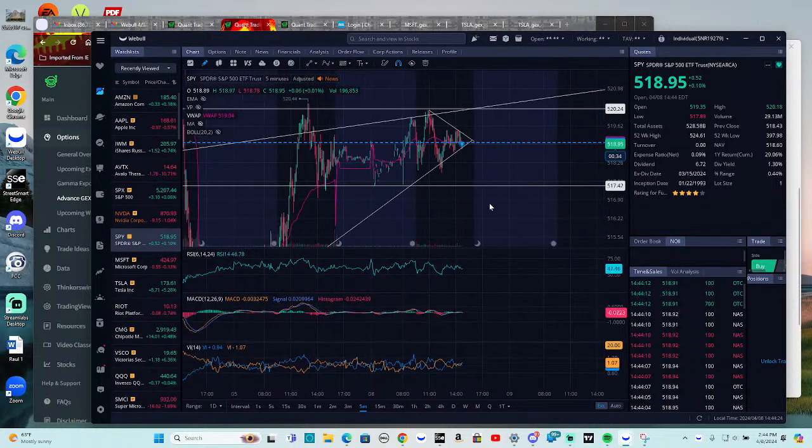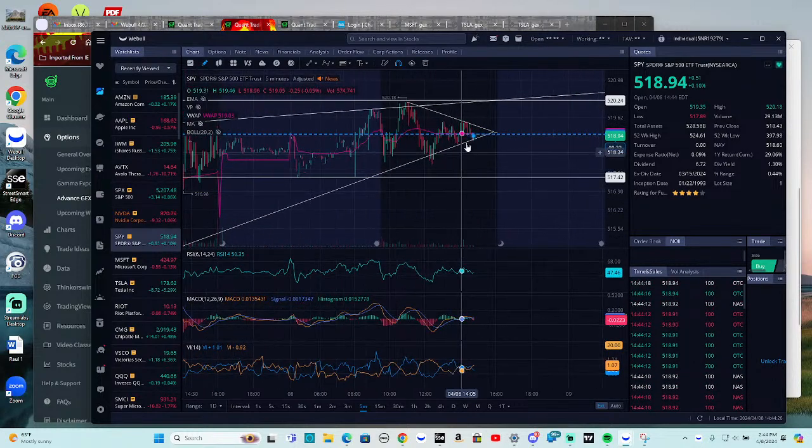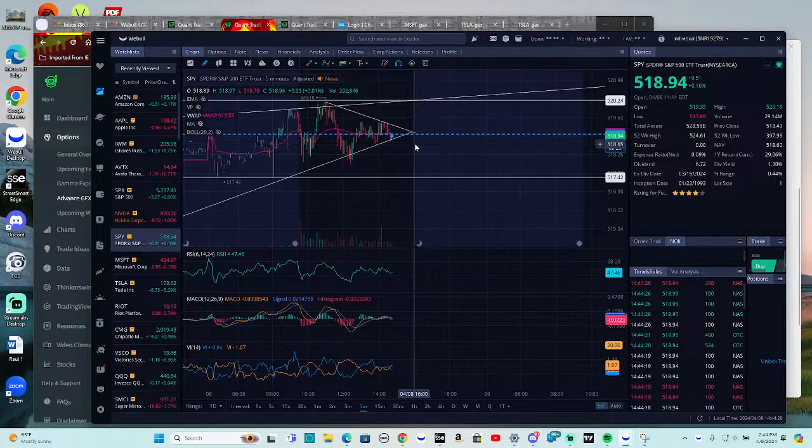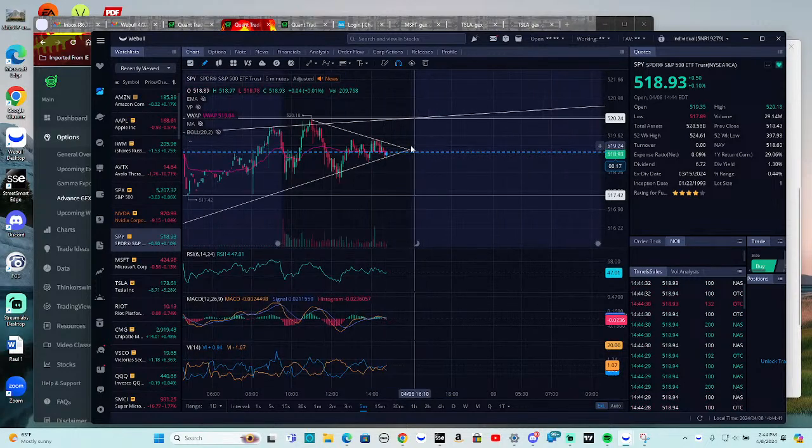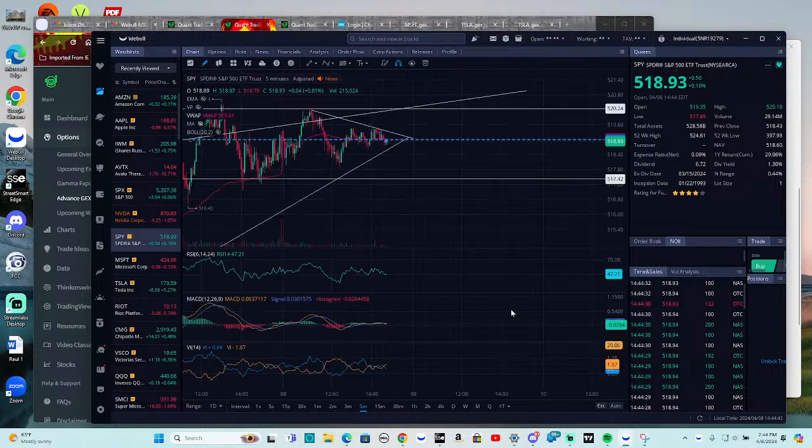Interessante. Tomorrow, what this is telling me is tomorrow we could see a pop above or below. We took a wide stance and now are funneling in to a point. At the end of a point of a symmetrical triangle, you have a break one way or the other.